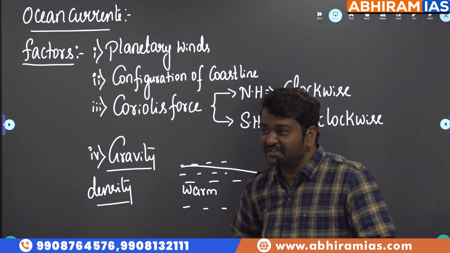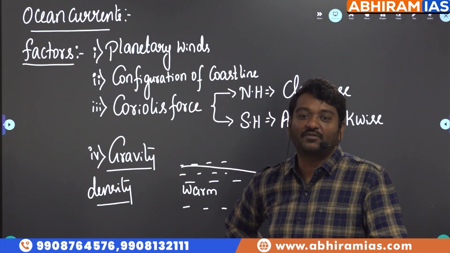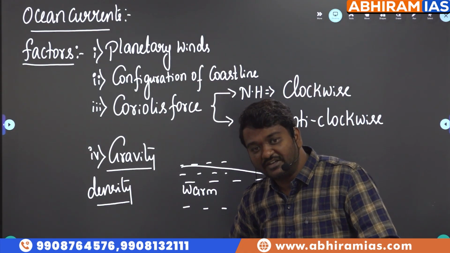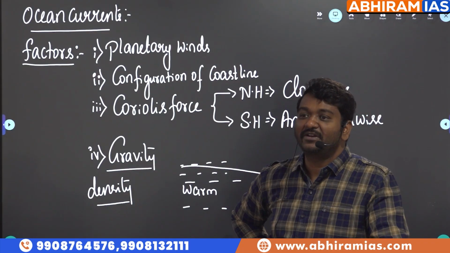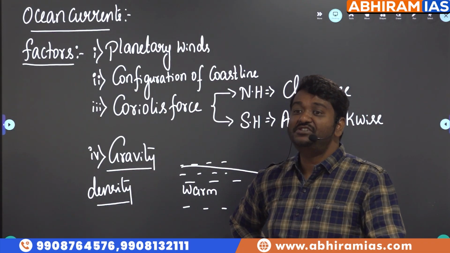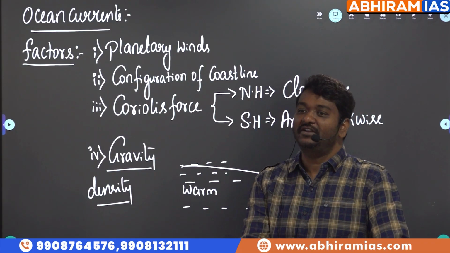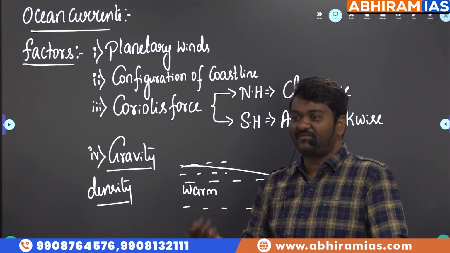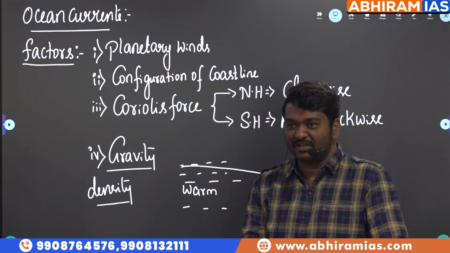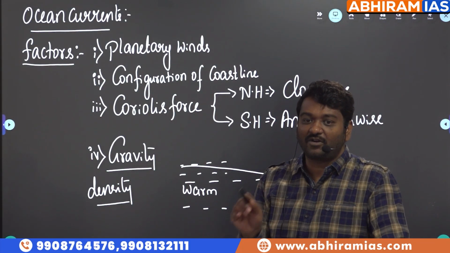Yes. If they are faster in the southern hemisphere, will they push more water? If they push more water, what is going to happen? Ocean current circulation is also faster. Why is it faster in the southern hemisphere? It is faster because winds are faster. Why are winds faster? The basic point is oceans are more. Because oceans are more, winds are faster. If winds are faster, what will be fast?